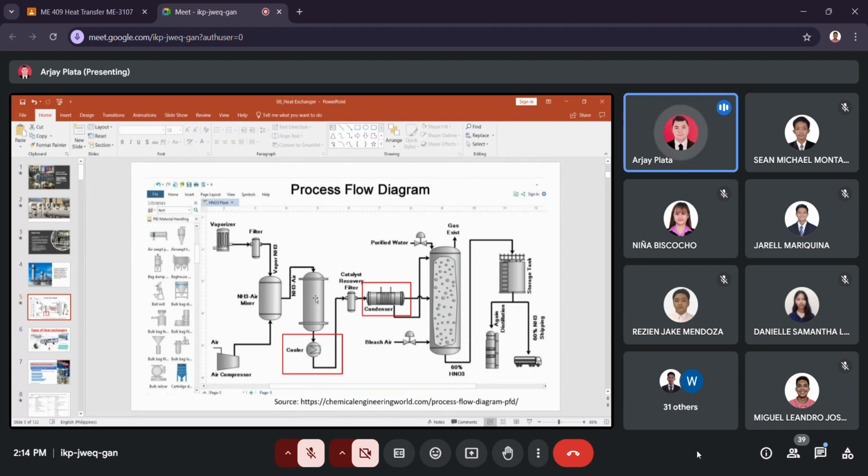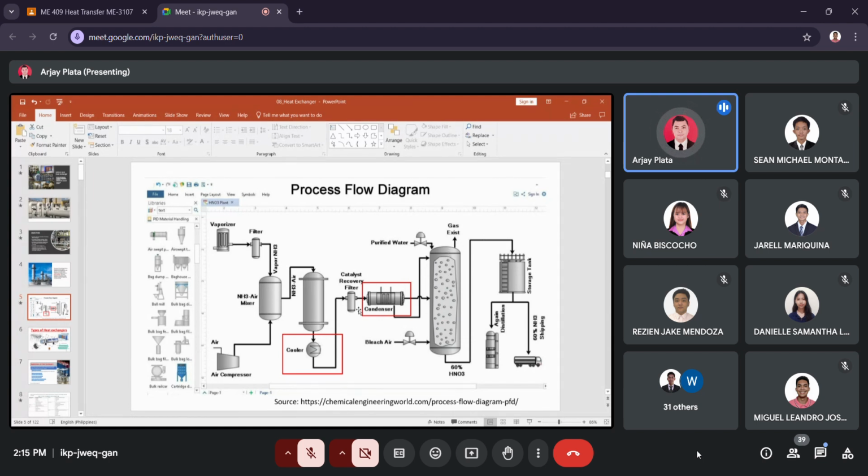In order for the next process to occur, the temperature of the fluid coming into this equipment should be regulated. If the ammonia's current temperature is 100 degrees and the next process requires it to be 70 degrees Celsius, we have to cool down the ammonia.